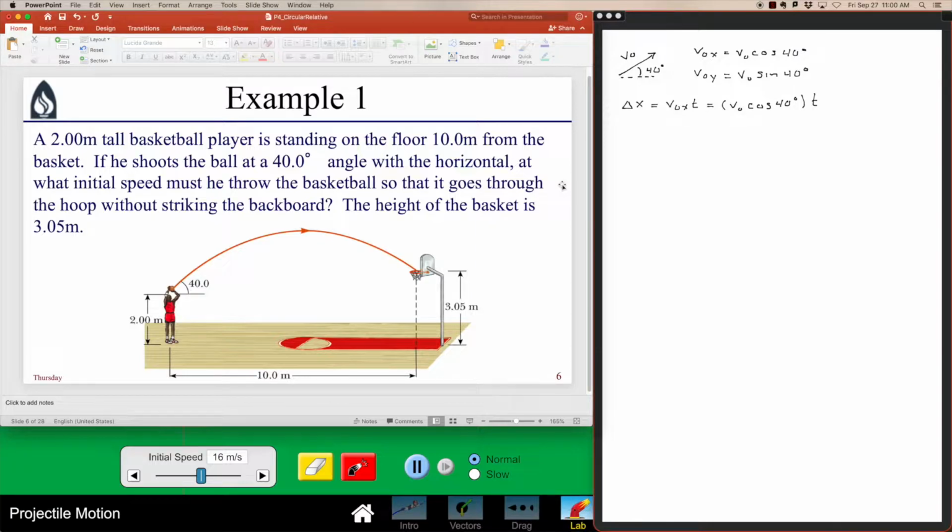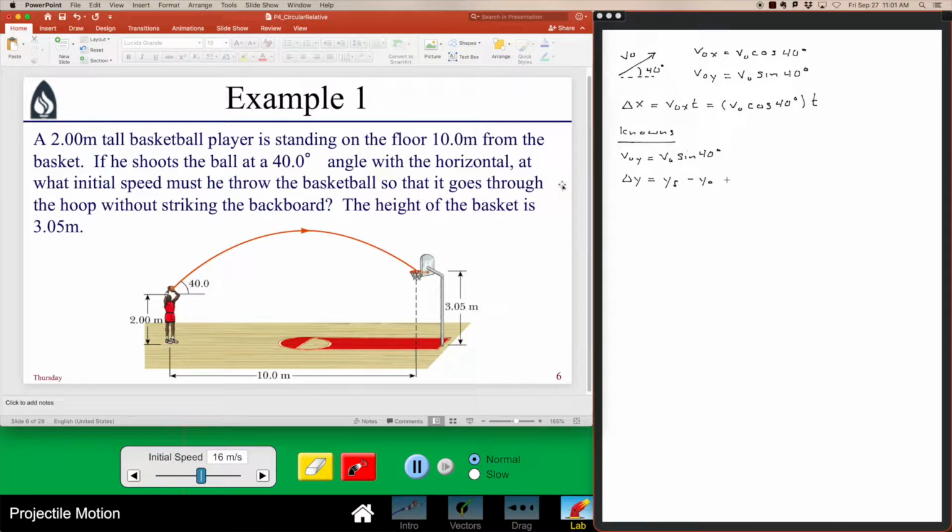I should write down a list of my knowns in the y direction. In the y direction, I know that the initial velocity in the y direction is V0 sine of 40. I don't know what V0 is, but I at least know the angle, so that's some information. I also know the displacement in the y direction. Now remember, displacement, or delta y, is the same thing as the final height minus the initial height.